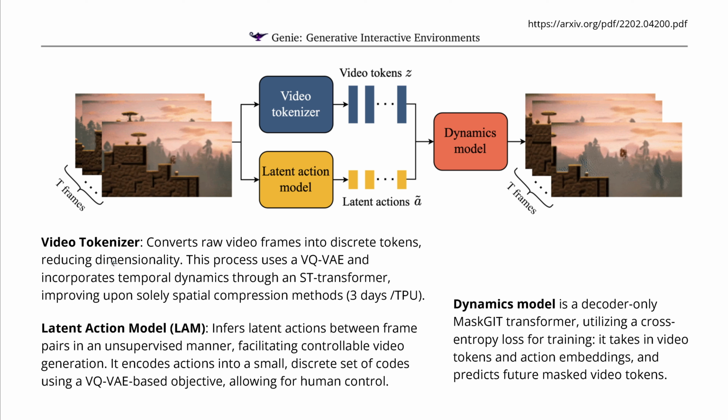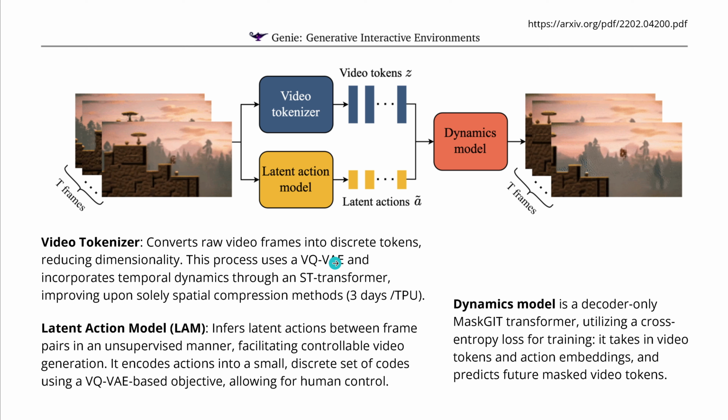The video tokenizer is also an old friend. So we convert the raw video frames, our images, into discrete tokens, reducing the dimensionality, as I told you. Maybe you should use a topological reduction mechanism.